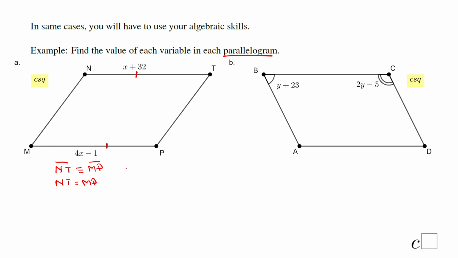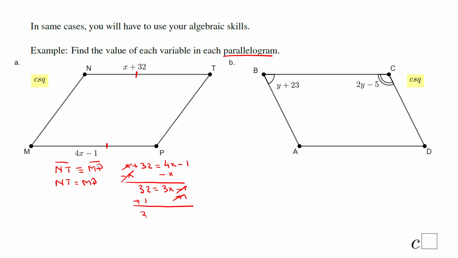And the equation obviously is x plus 32 equals 4x minus 1. I'm going to subtract x, cancel this x. So I'm going to have here 32 equals 3x minus 1. I'm going to add 1, just get rid of the minus 1.